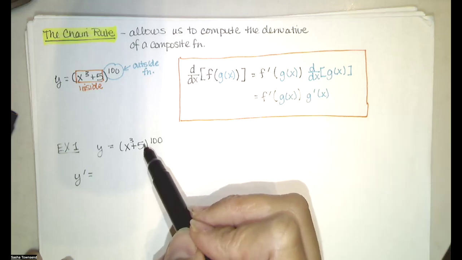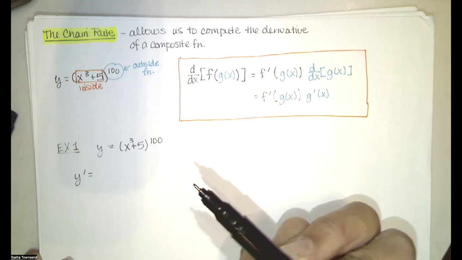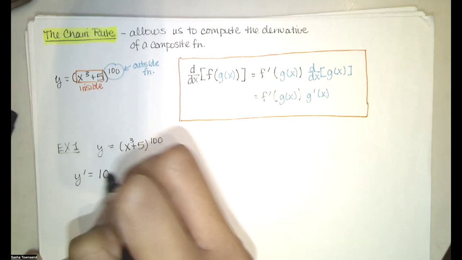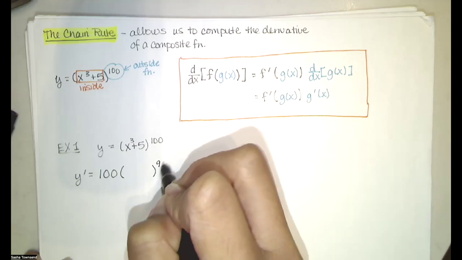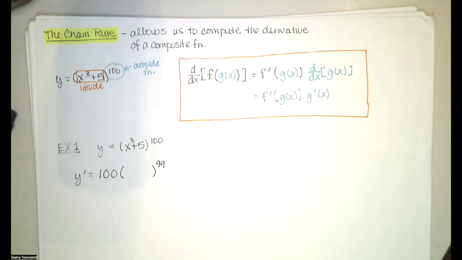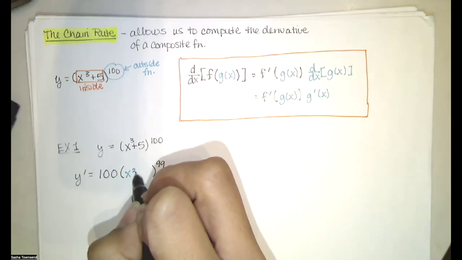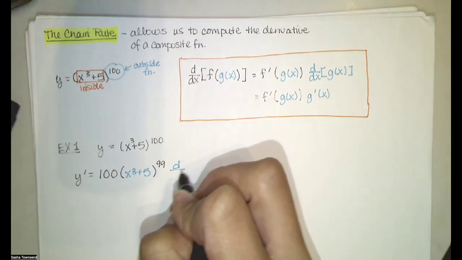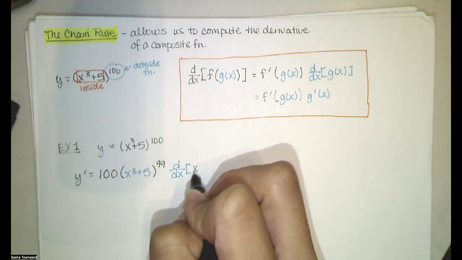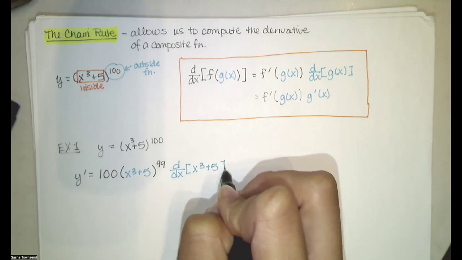So we say, okay, what's the derivative of a function raised to the 100th power? Well, it's 100 times that function raised to the 1 less power. So that's to the 99th power. And then you plug the inside function back in. So you don't change it at all. You just write it down inside the parentheses and then multiply by the derivative of the inside. That's what the chain rule says that we should do.